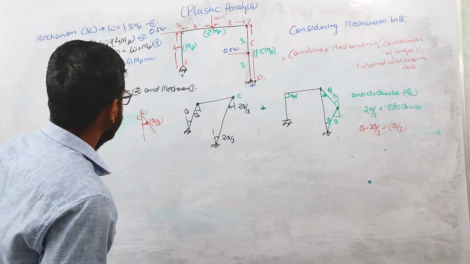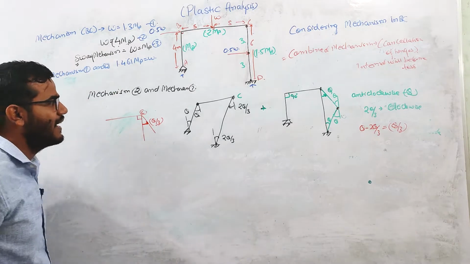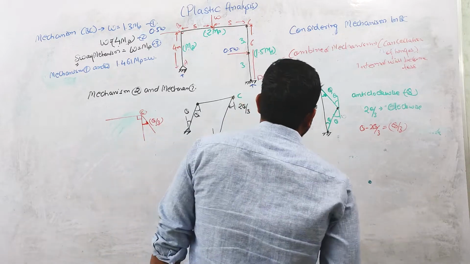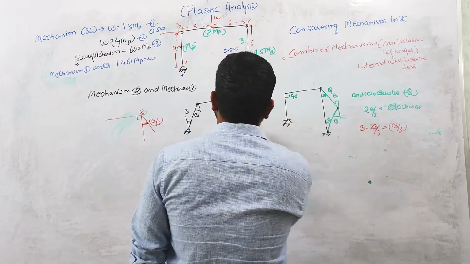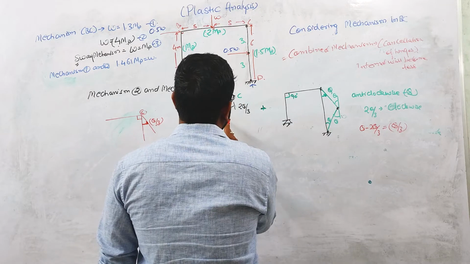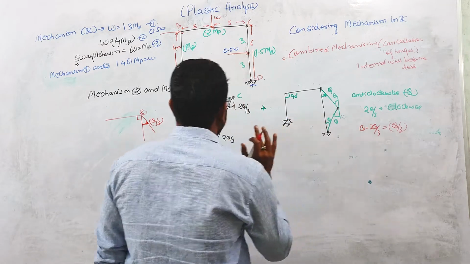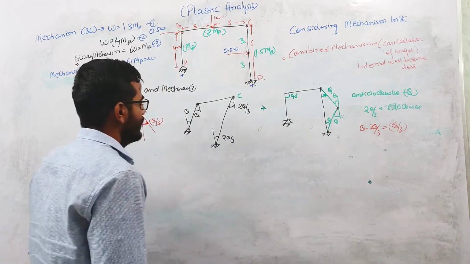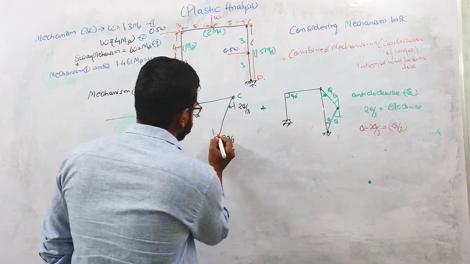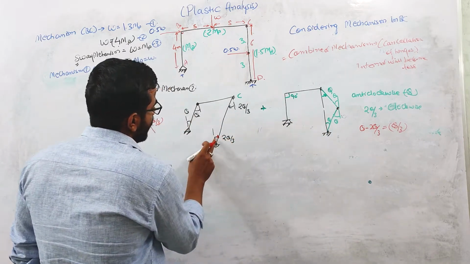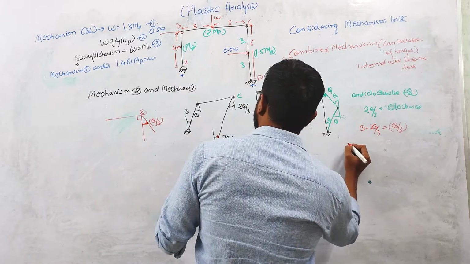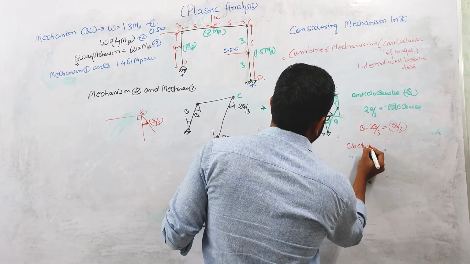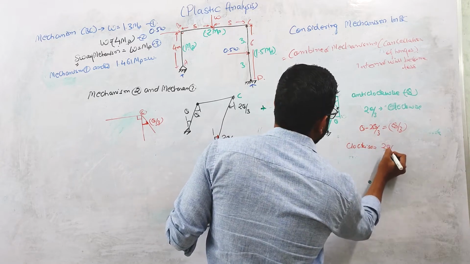So at C, the angle between these two members is greater than 90, so plastic hinge will be there. Again at this point also plastic hinge will form, because at this point there is no plastic hinge. If you combine these 2 points, the plastic hinge will be there. Similarly at this point also plastic hinge will be there. Why? Because here you can see that the rotation is in clockwise direction, and the rotation is 2 theta by 3.